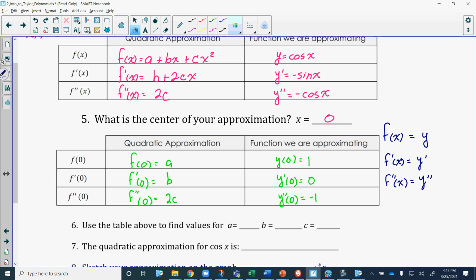So when it asks what we're going to get for the values of a, b, and c, we're taking f of 0 and y of 0, and we're going to set those equal to each other. So in that case, a is equal to 1.